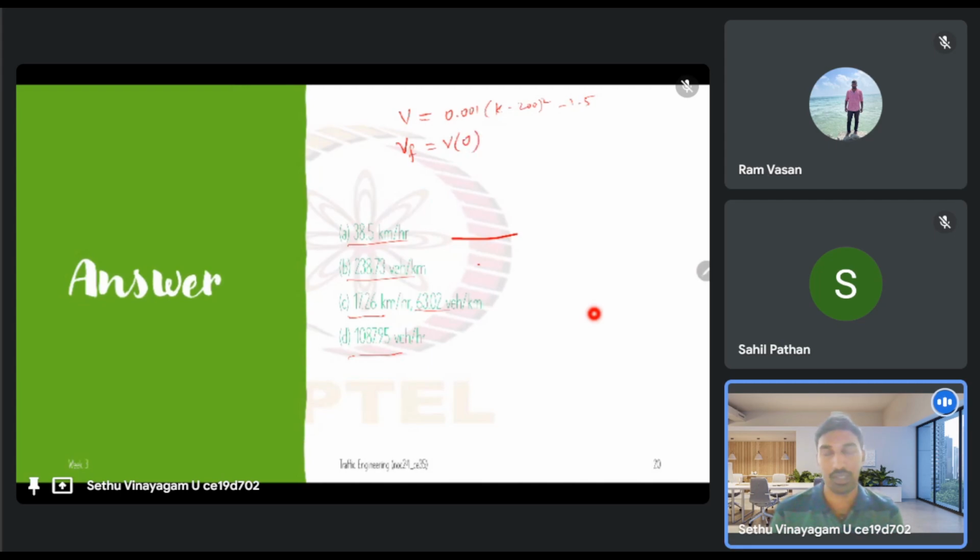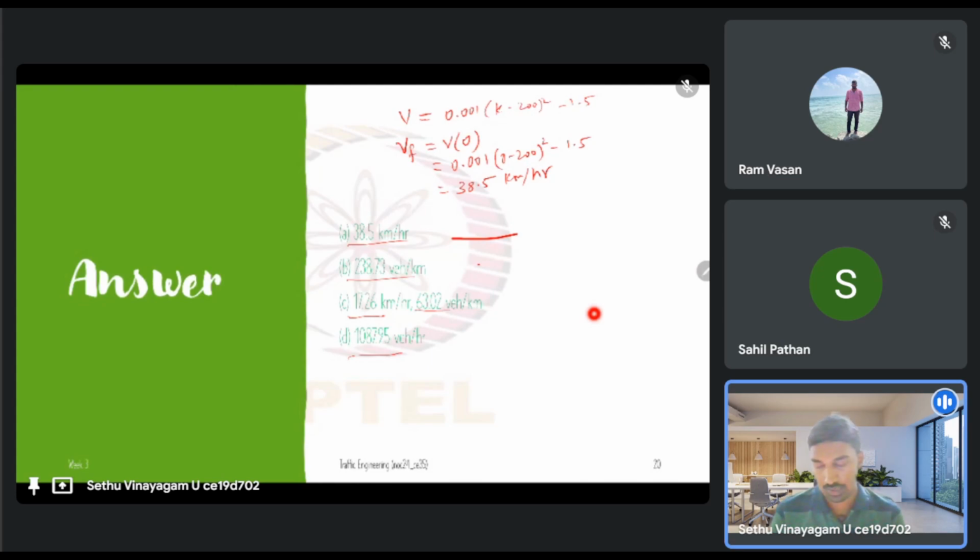So V of zero, when density is zero, whatever is the speed you have, that's the free flow speed. So basically we have to substitute k as zero to get the free flow speed. So that is nothing but 0.001 times 0 minus 200 squared minus 1.5, right? So you solve this, you'll find that Vf is equal to 38.5 kilometers per hour. Okay, so that's how you get the free flow speed.